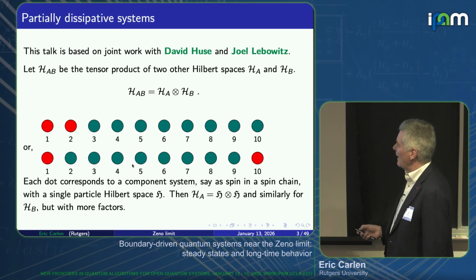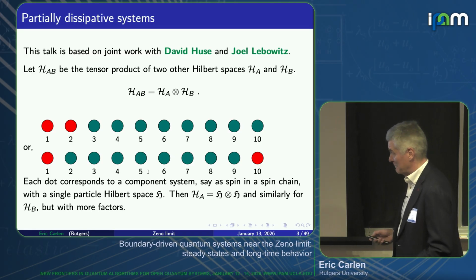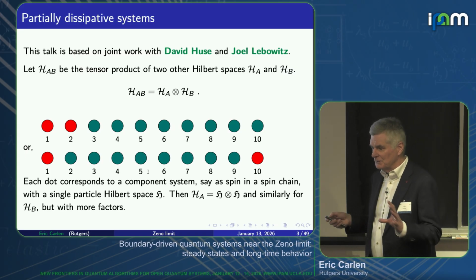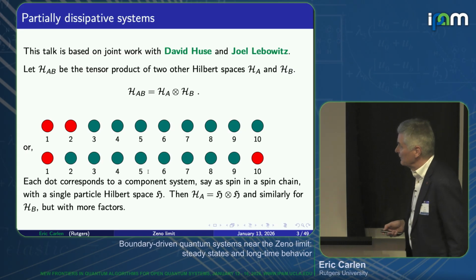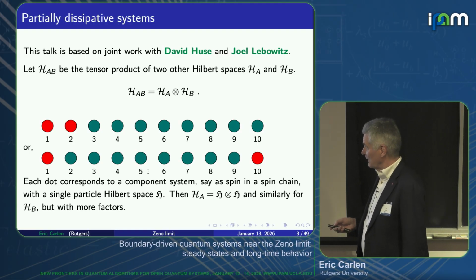I've arranged things in a line here, so it looks like a spin chain, and in the examples where you compute stuff, we're computing things in examples of spin chains, but in the theory I'll be describing, there's no specific geometry associated to it. So there's just two parts of the system, but it's good to think of one of them as the edge, hence boundary-driven systems, and so forth, okay?